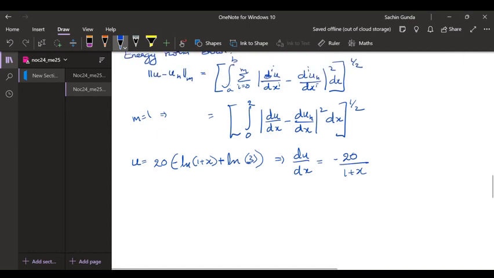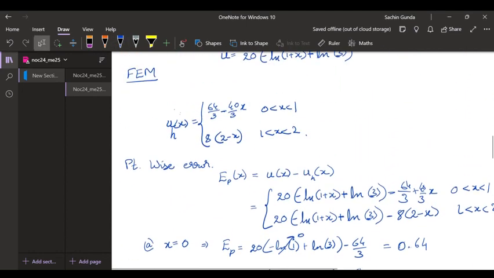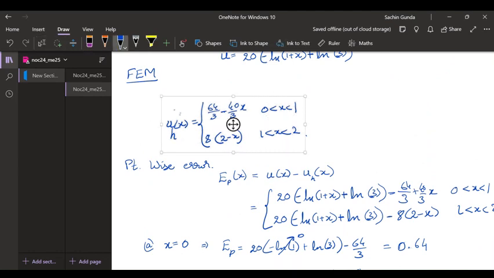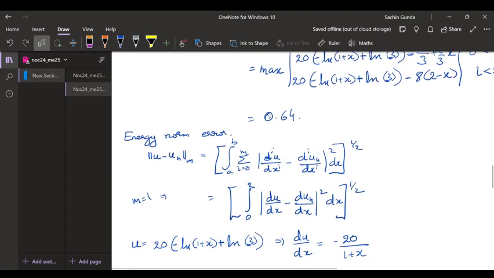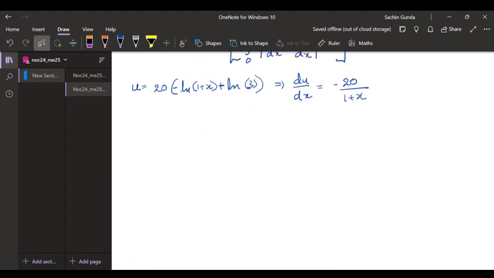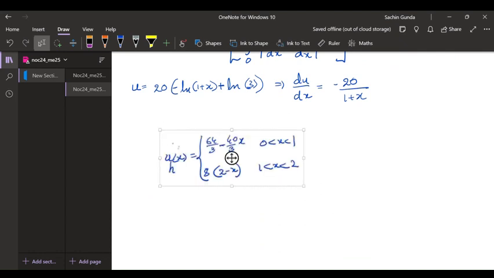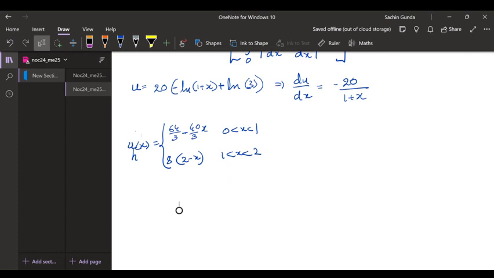So this is the analytical du by dx, and then let us take the FEM solution and calculate its derivative. This is the FEM solution.